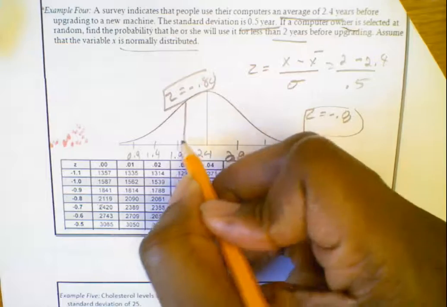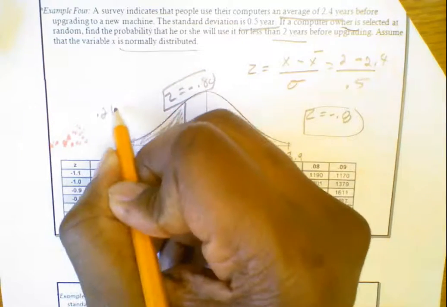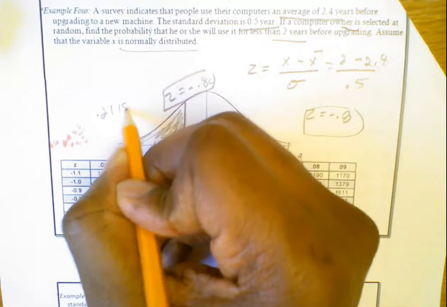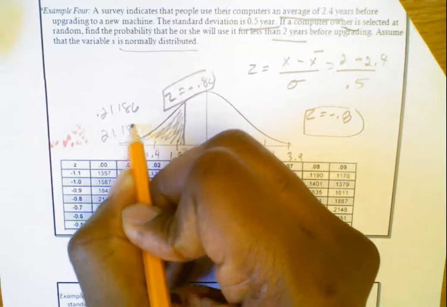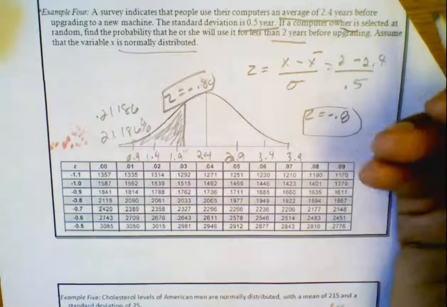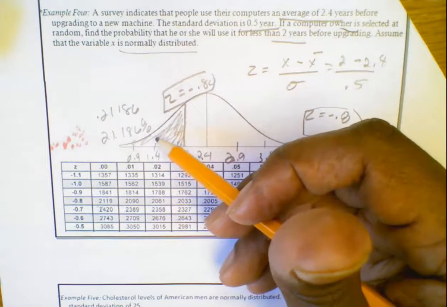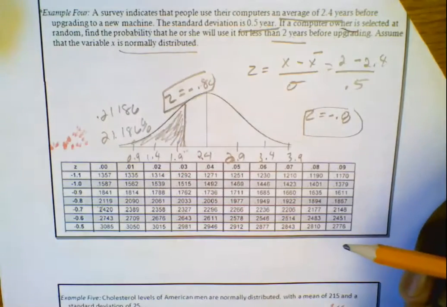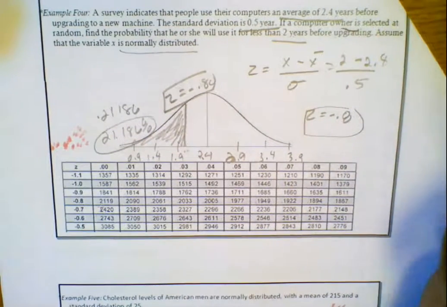So it's this shaded region right here. So I have an area of 0.21186, or 21.186% chance of someone using their computer for less than 2 years before upgrading. So that's the answer for it.